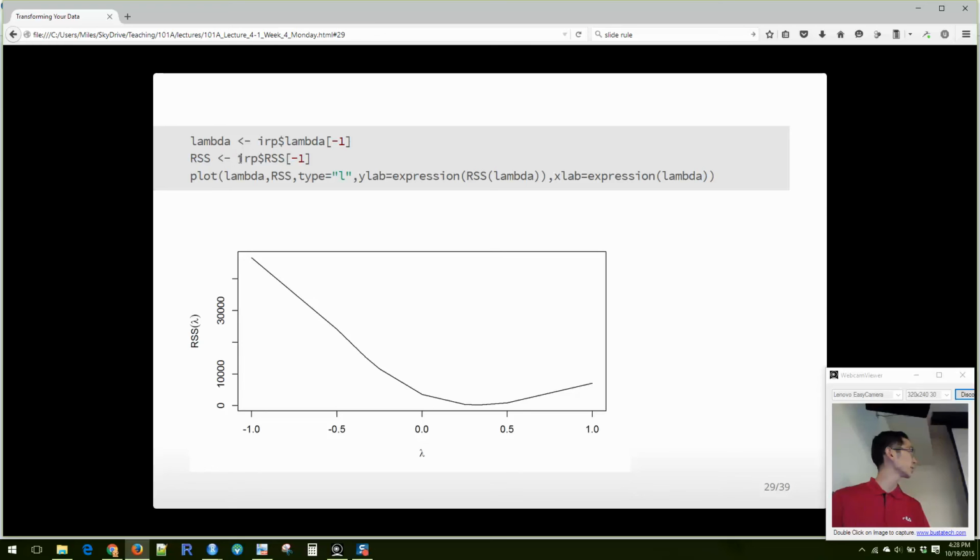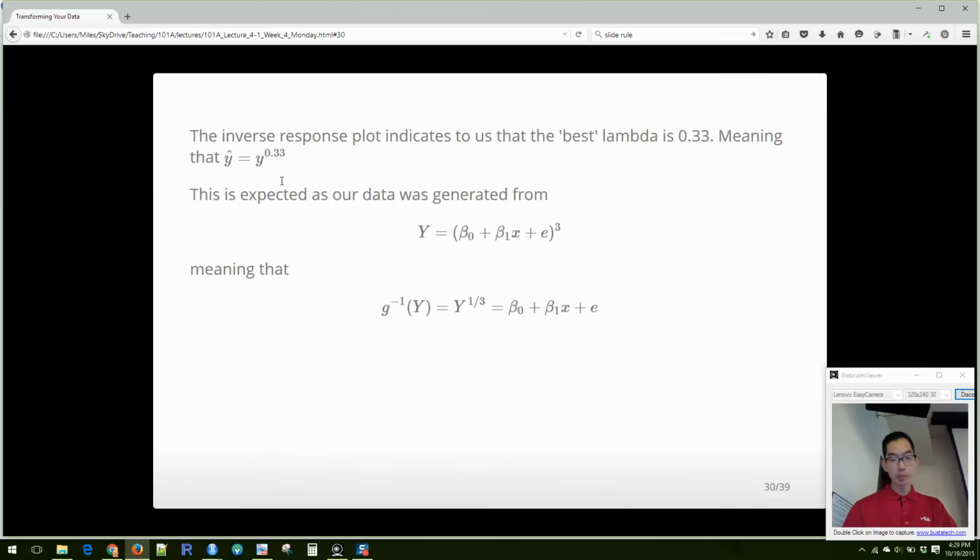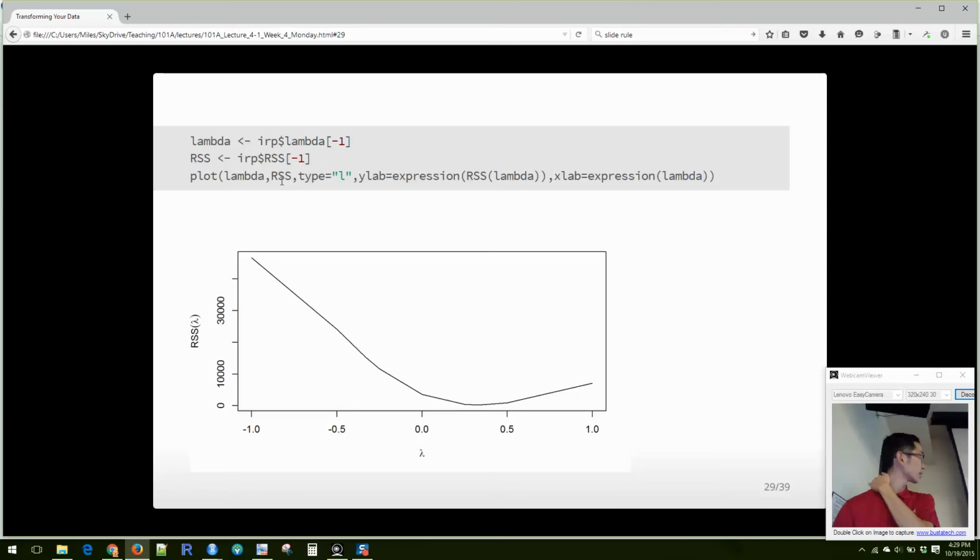So the output of inverse response plot, the very first one is the lambda that it found that minimizes the residual sum of squares.